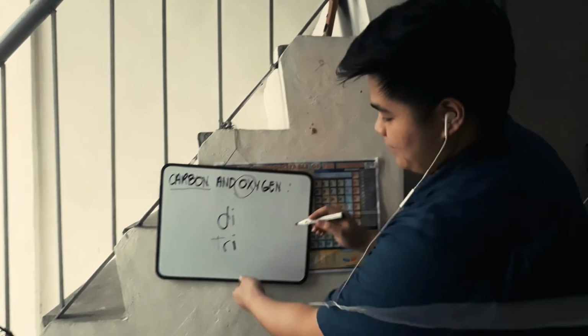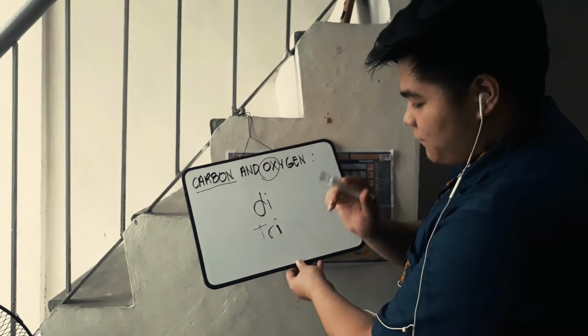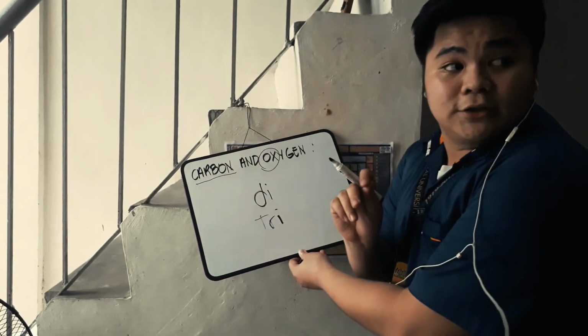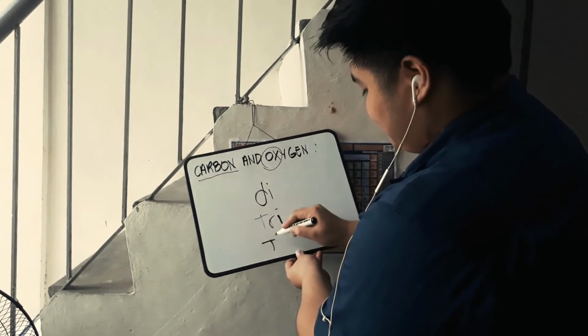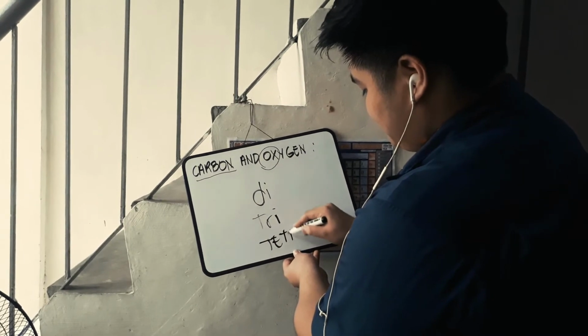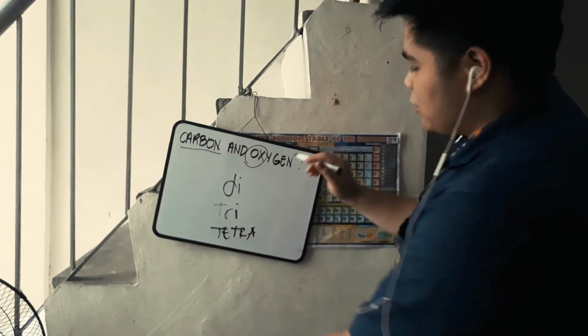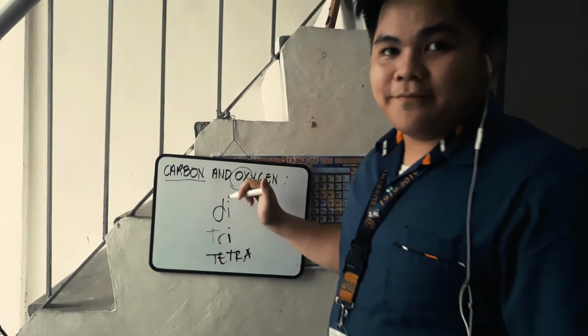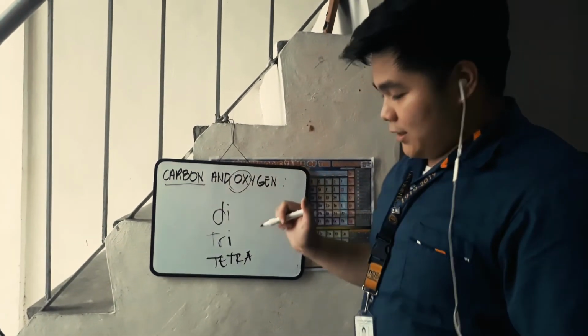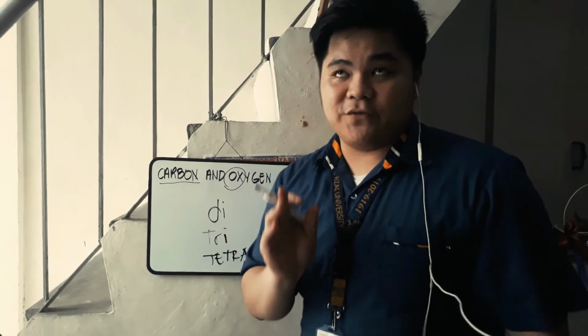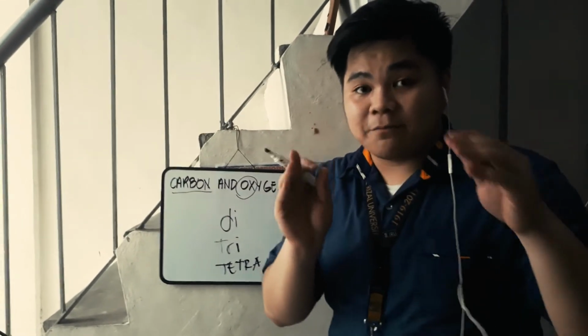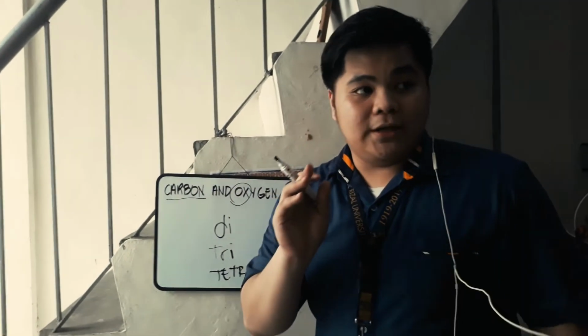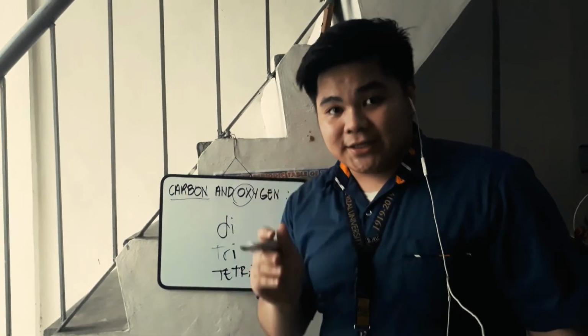And if there is a 4, we call tetra. So the oxygen will be named tetraoxide. And the fifth one, if there are 5 oxygen, sorry, we will call pentaoxide.